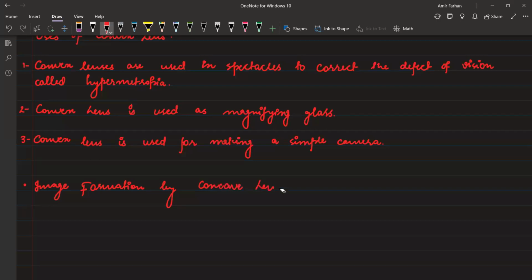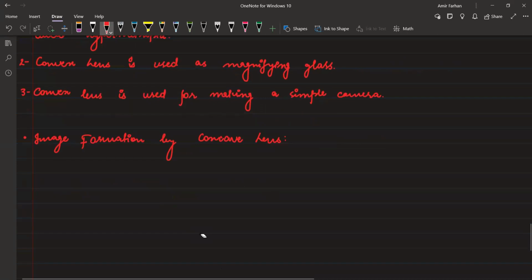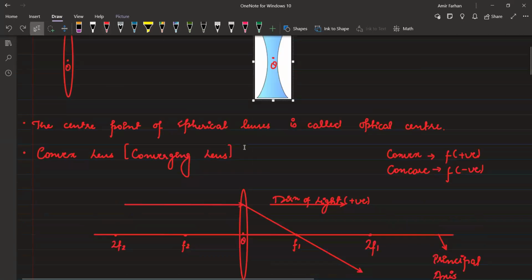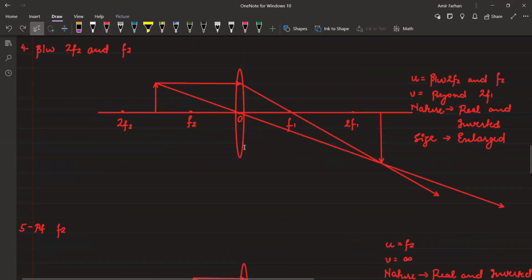Concave lens is a short topic. So let's understand the properties of the concave lens first, and then we will draw the ray diagrams.